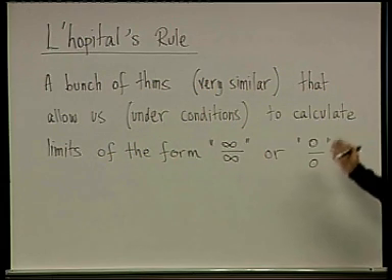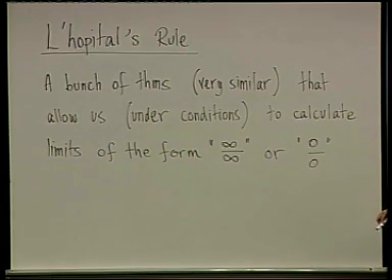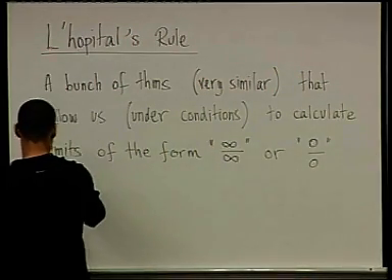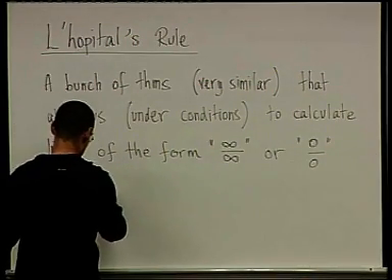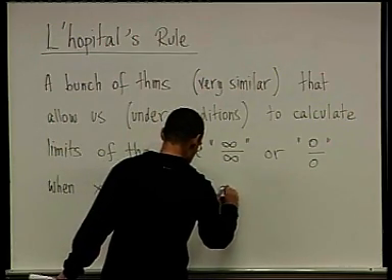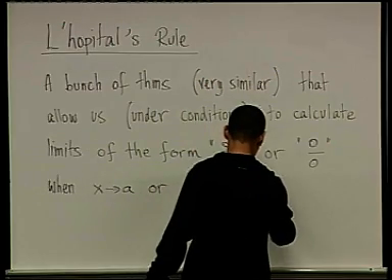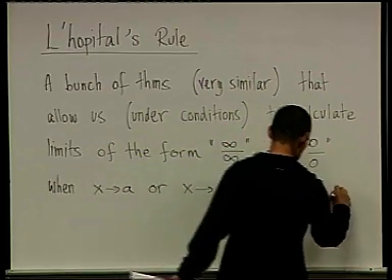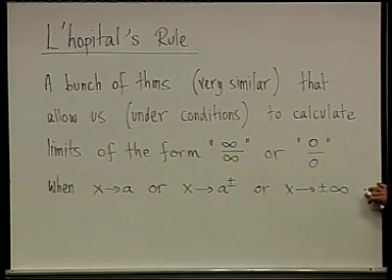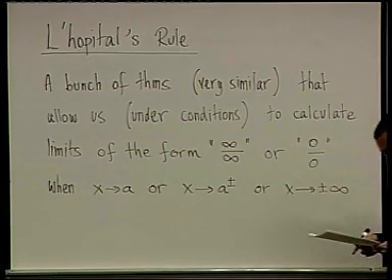These theorems allow us to calculate these sorts of limits in all the various situations: when x goes to a, or x goes to a plus or a minus, or x goes to infinity or to minus infinity. That's why it's a bunch of theorems.